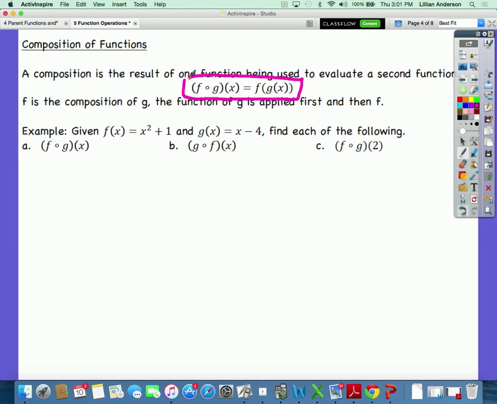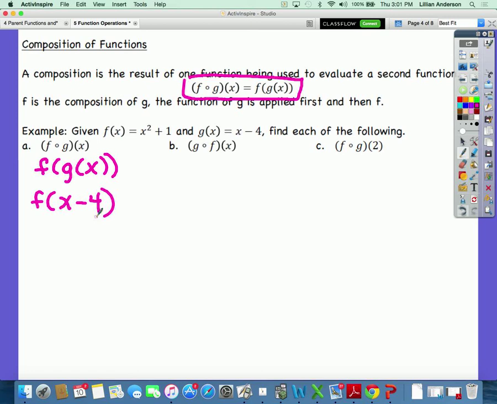So we're going to do that for this example right here. f of g of x. That means g, which is x minus 4, is going to go in for every x of the f function. Does everybody see what I did right here in the pink?